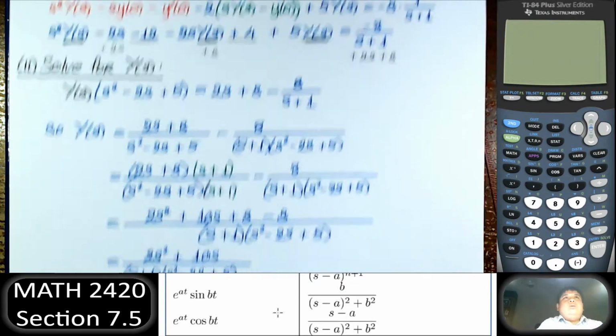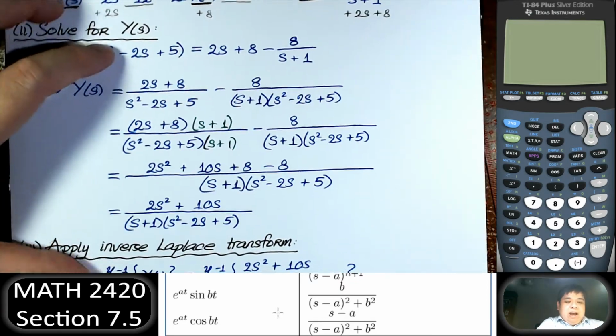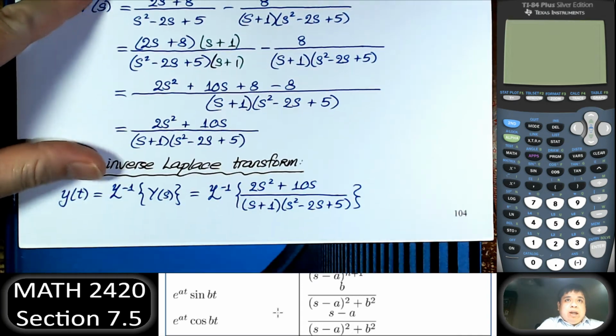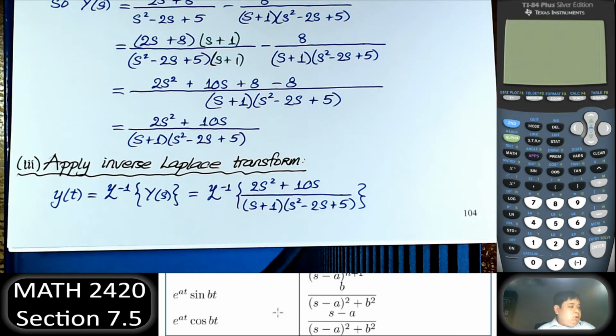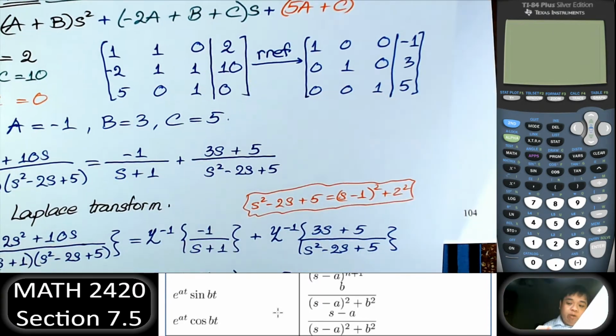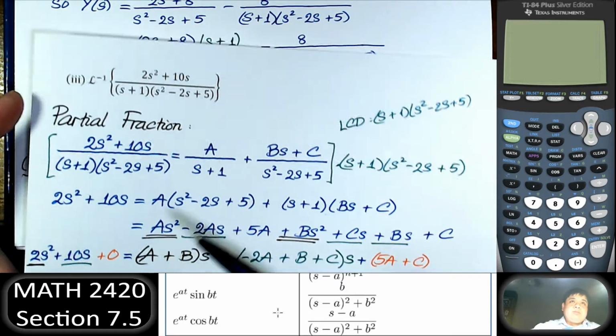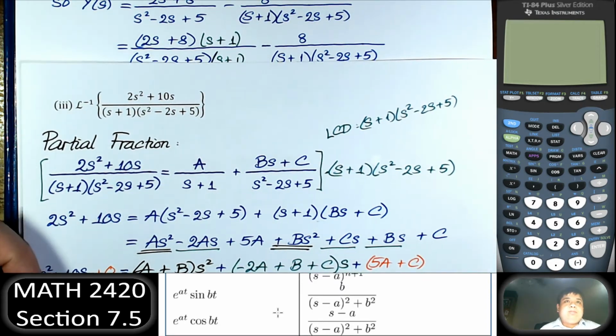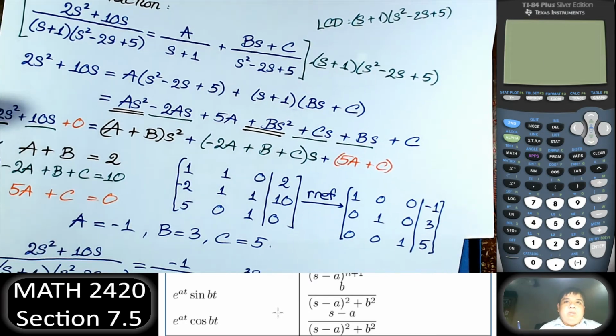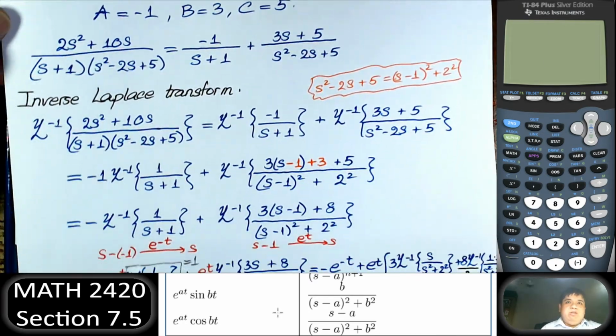Right? So Laplace transform, and then solve for the equation algebraically, and then take the inverse Laplace transform. Right. To save time, we actually did this in the previous section, section 7.4, the last example. So we find the inverse Laplace transform of that. You can just go to the previous video or your previous note.